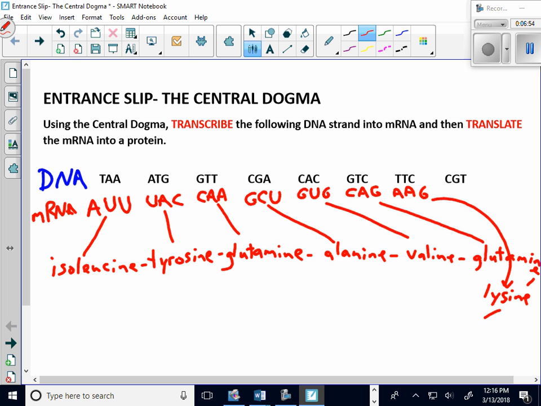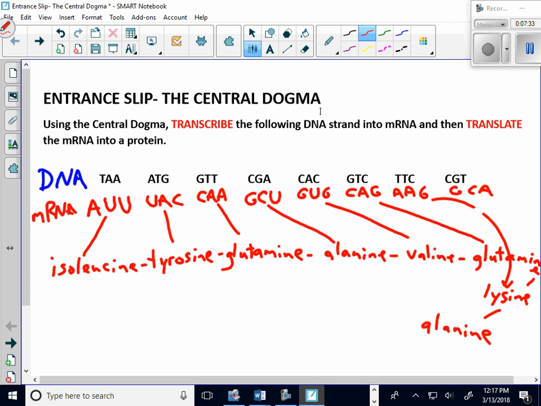And my final one connected is going to be G, C, oh, you can't read that, G, C, A. G, C, A, yes, he's right, alanine. So if you did this correctly, folks, you should have isoleucine, tyrosine, glutamine, alanine, valine, glutamine, lysine, alanine.